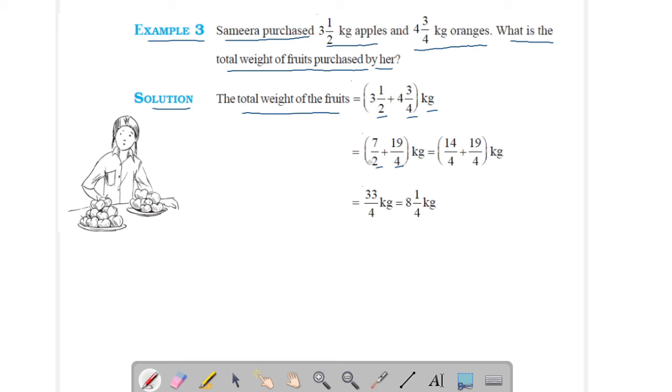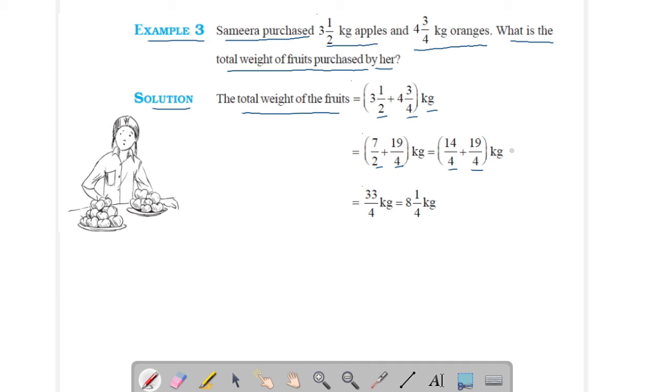Multiply the numerator and denominator of 7 upon 2 by 2, you will get 14 upon 4. It can be written as 14 upon 4 plus 19 upon 4, and if denominators are the same, write it once and then add the numerators, that is 14 plus 19 upon 4.